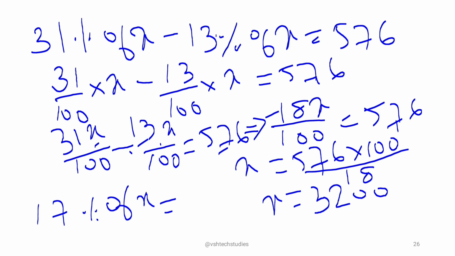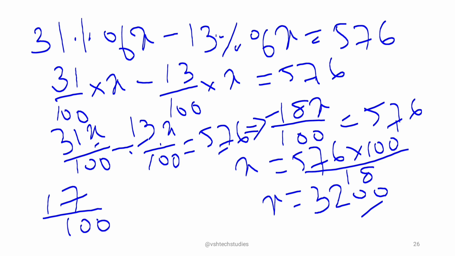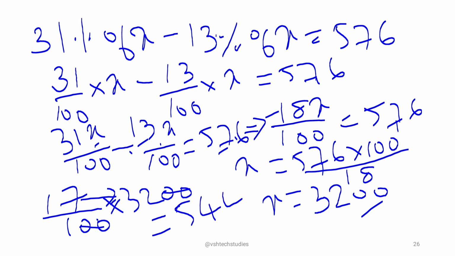The x is 3200 means that is the given number here. Okay. But 17% of the given number is asked. 17% means 17 by 100 into 3200. Of means into 3200. These two zeros are cancelled. 17 into 32. So 17 into 32 equal to 544.